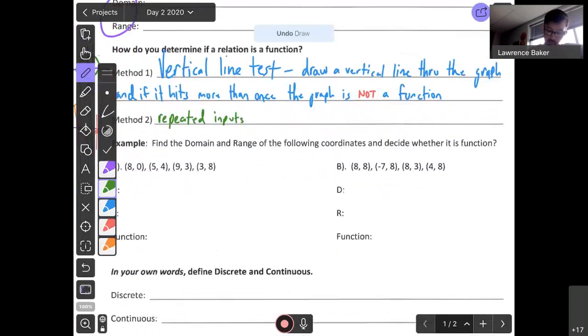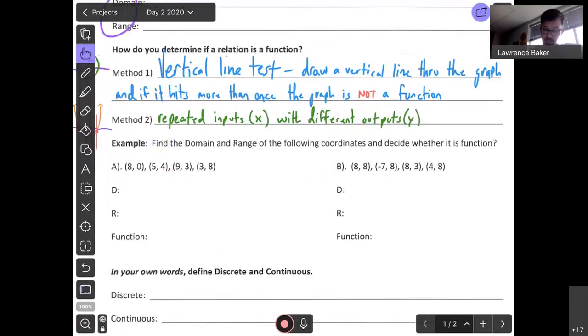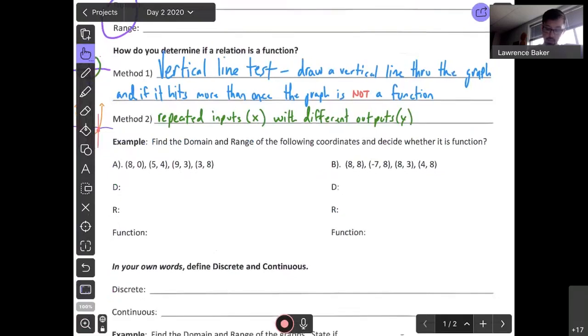Remember, inputs are your x's, with different outputs. That's y. And if you have a repeated x with a different y, that is not a function.